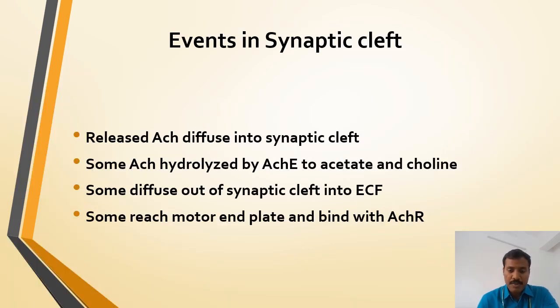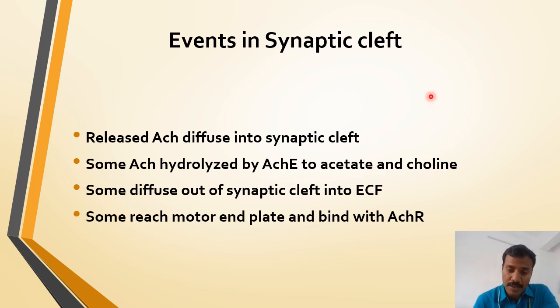And events in the synaptic cleft. What happens in the synaptic cleft? The released acetylcholine diffuses into the synaptic cleft. Some of the acetylcholine is hydrolyzed by the enzyme acetylcholine esterase, which destroys the acetylcholine into acetate and choline.